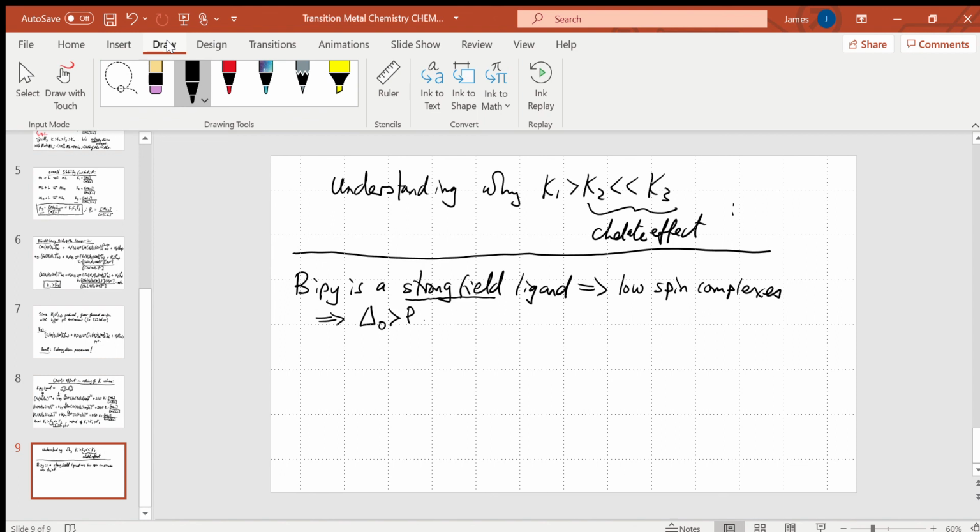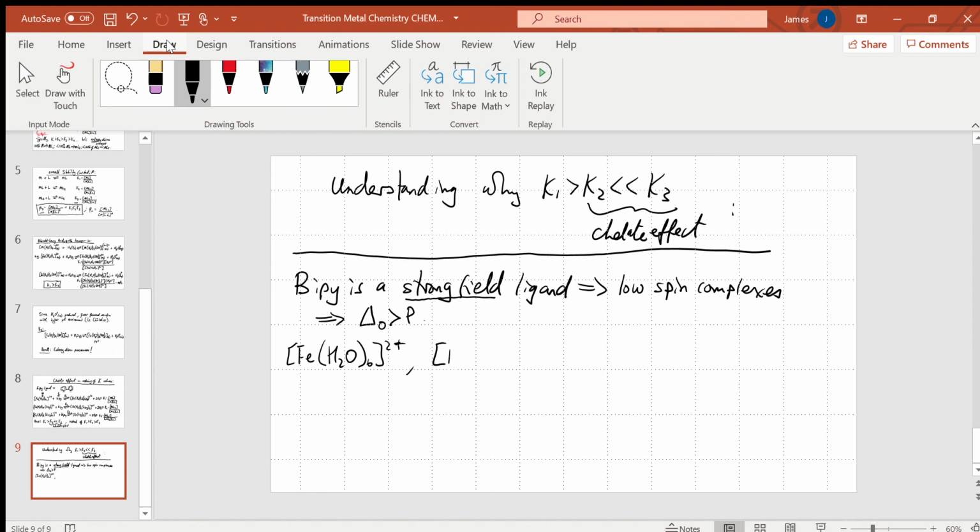So the products that we had up until the K3 part, so Fe(H2O)6 2+, that was our reactant.